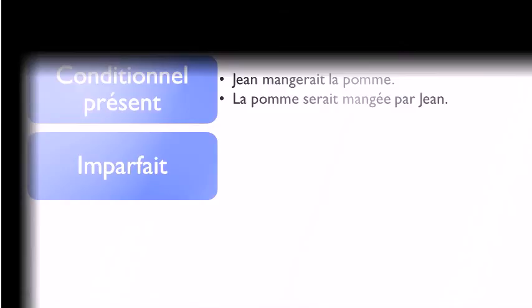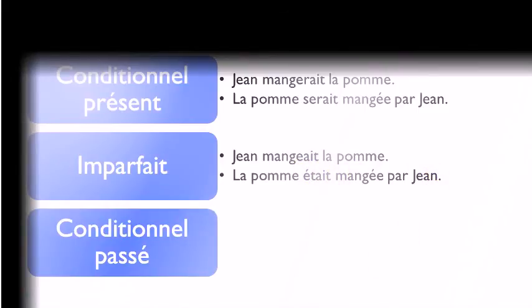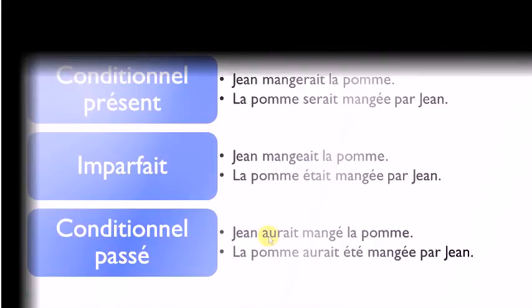Then imparfait, Jean mangeait la pomme, la pomme était mangée par Jean. And the last one, conditionnel passé, because that's the last one we saw. Jean aurait mangé la pomme, la pomme aurait été, and that's here, aurait été, conditionnel passé form of être, mangé par Jean.